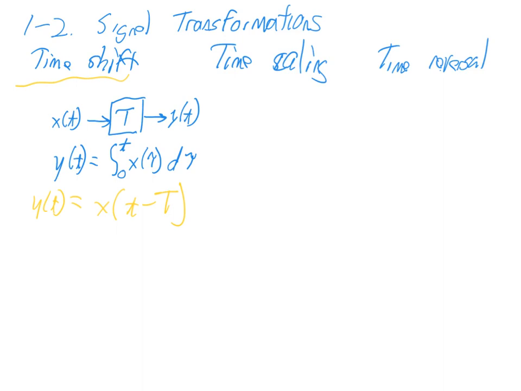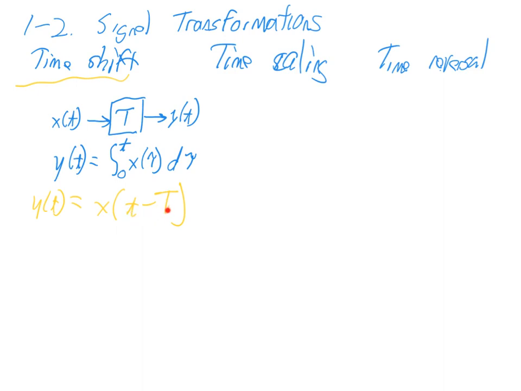If you want to think of this from a mathematical point of view, we're talking about function composition. I have my independent variable t here, and from a function point of view, I'm saying, before you tell me what the output is, take whatever the t is and reduce it by this constant. Maybe this capital T is 5 seconds.